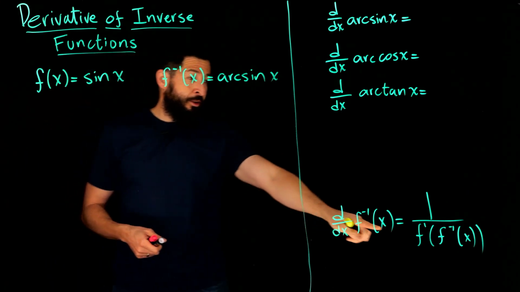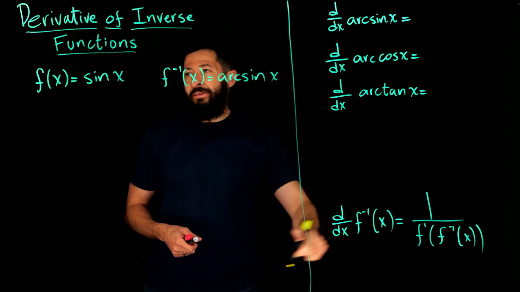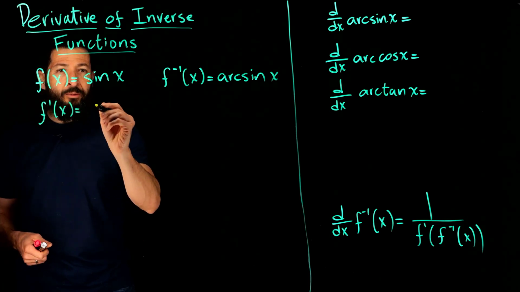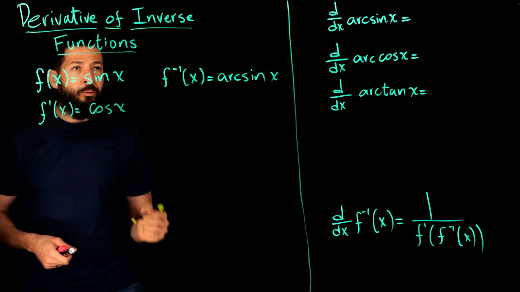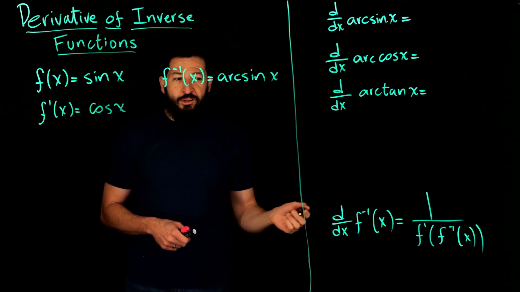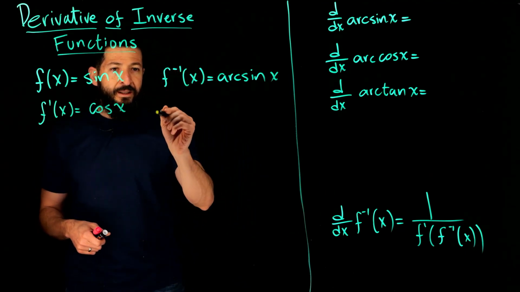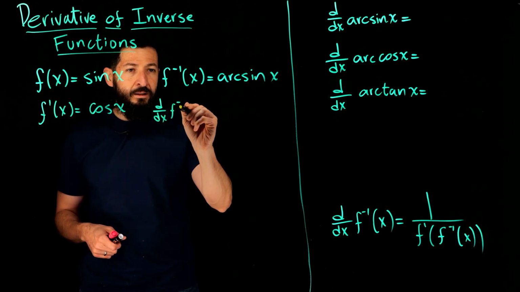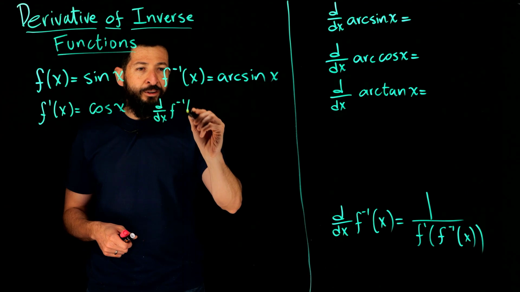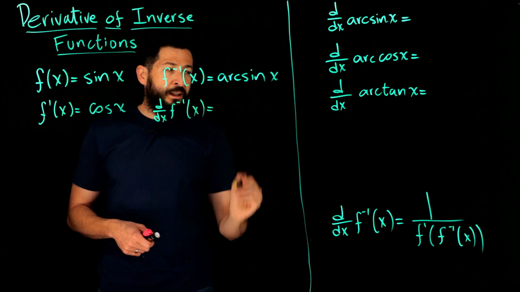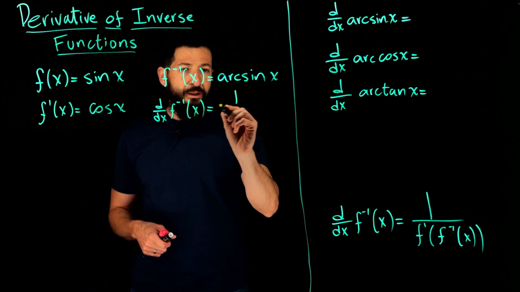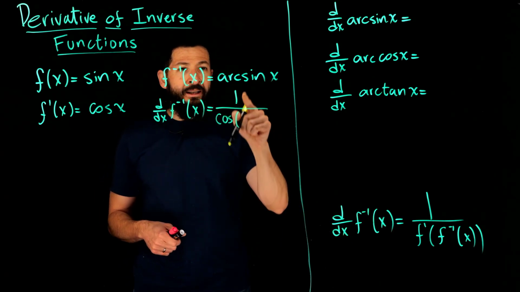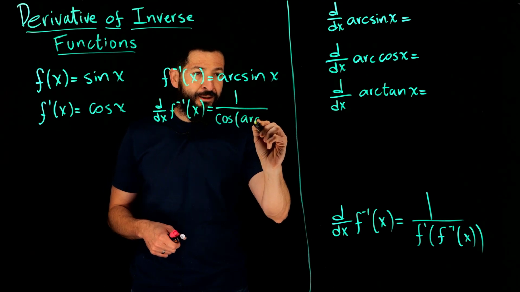Now notice right here, we need the derivative of f, so we compute that, and we get that the derivative is going to be the cosine. So by using this formula, the derivative of the inverse is going to be 1 over the cosine, which is f prime, evaluated at f inverse, arc sine.